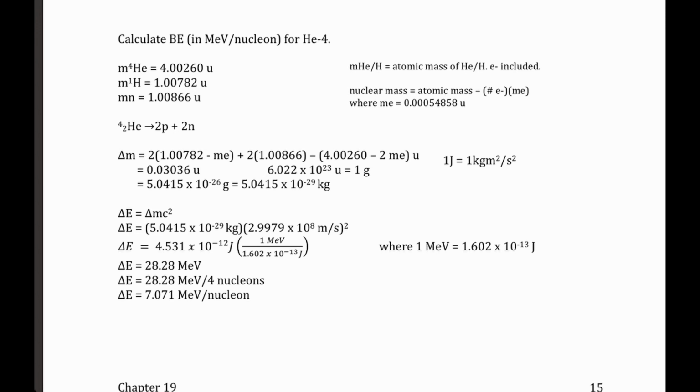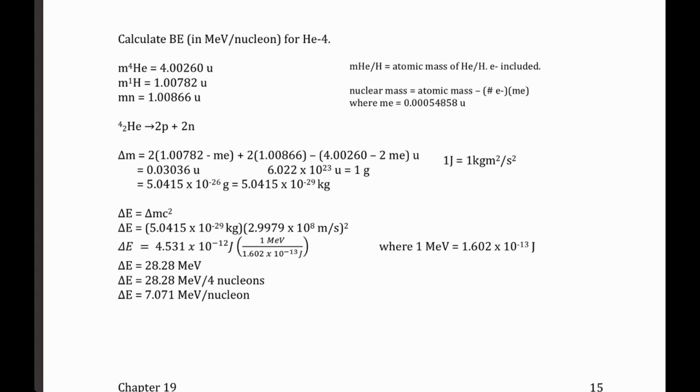Okay, so once again, in our problem where we're calculating the binding energy for helium-4, the reaction is helium-4 breaking into 2 protons plus 2 neutrons. So we first calculate the change in mass. We take 2 times the mass of a proton plus 2 times the mass of a neutron and subtract the mass of the helium-4.